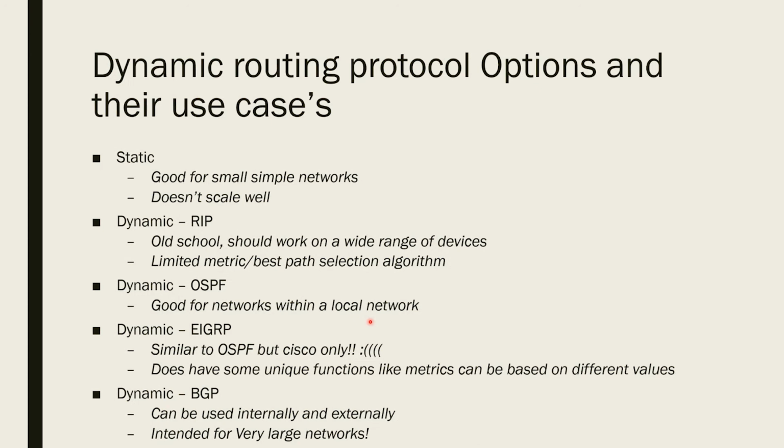BGP is the thing that runs the internet effectively, so you can understand the scale that it's working at. Now, it can be used internally. There's nothing stopping us from using BGP in an office environment, but it just doesn't work properly, and it's not as easy to administer in those smaller networks. Things like OSPF are much easier to use in a smaller local network.